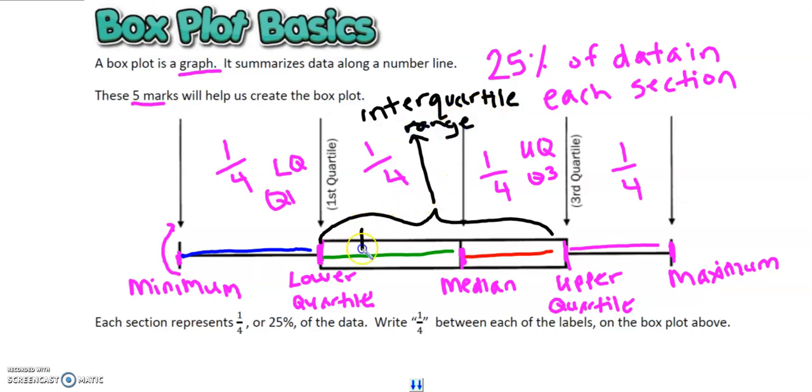And that's abbreviated as IQR, interquartile range. Because each section is 25% and the interquartile range is 2 sections, that means the interquartile range is the 50% of the data.